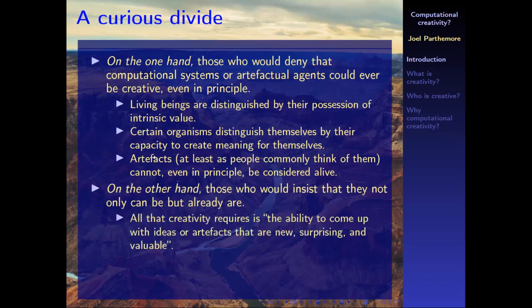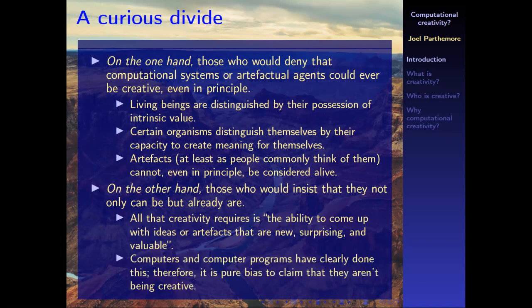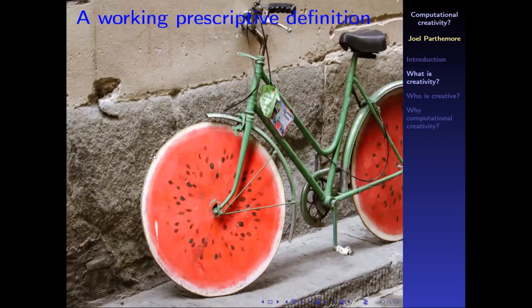All that creativity requires, and I take this quote from Margaret Boden, is the ability to come up with ideas or artifacts that are new, surprising, or valuable. If you look at creativity that way, then computers and computer programs have clearly done this. Therefore, Margaret would say it is pure bias to claim that they aren't already being creative. So I want to offer a working definition of creativity, and it is going to be a prescriptive definition.